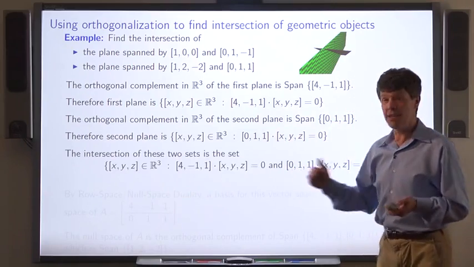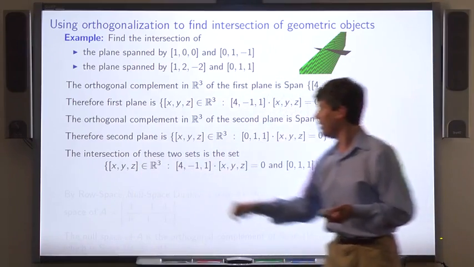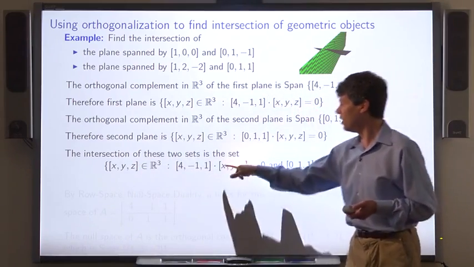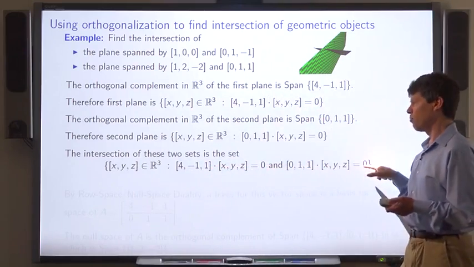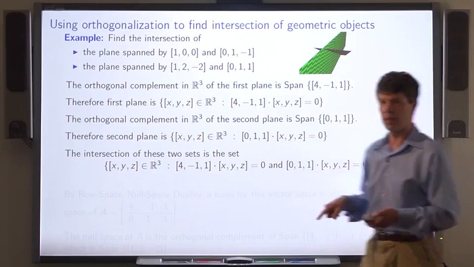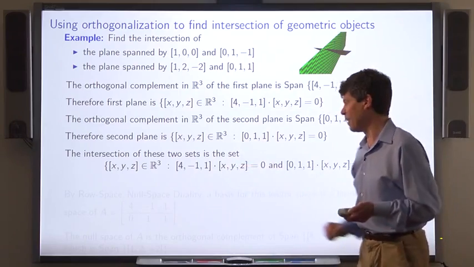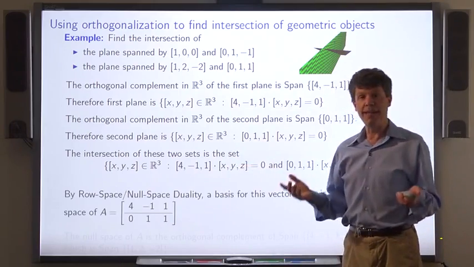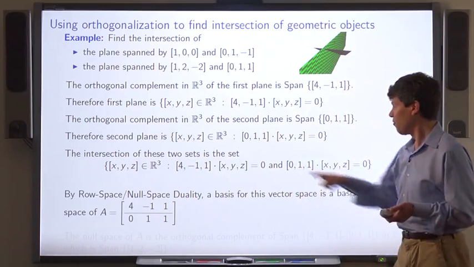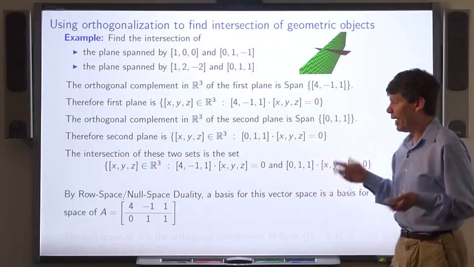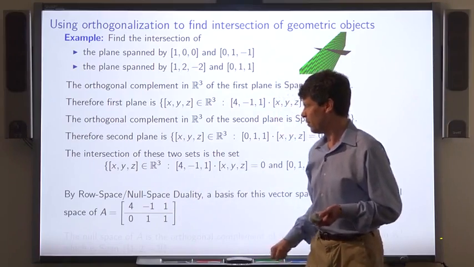Therefore, the intersection of these two sets is the set of x, y, z that satisfy both conditions. This dot product is 0 and this dot product is 0. Okay? So we've expressed this essentially as the null space of a matrix. By the row space null space duality, a basis for this vector space is a basis for the null space of this matrix.